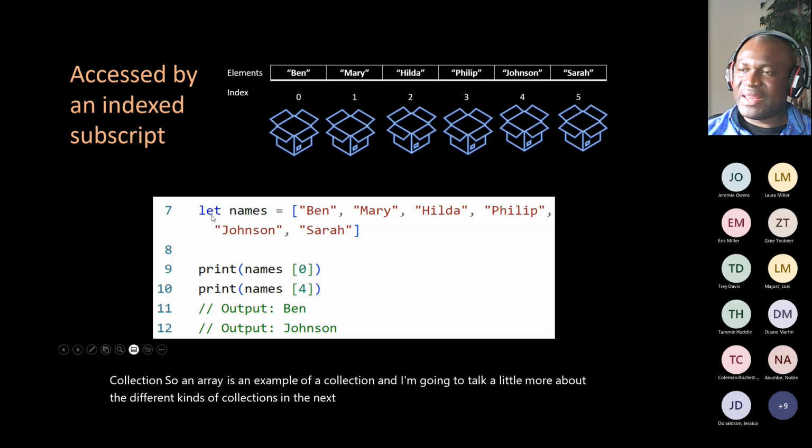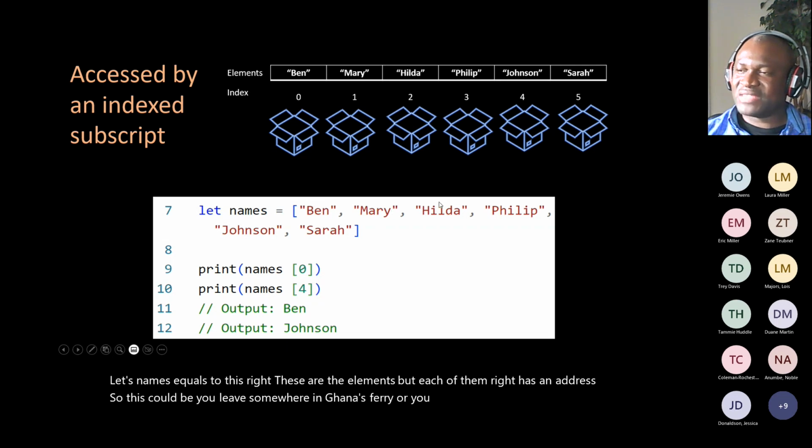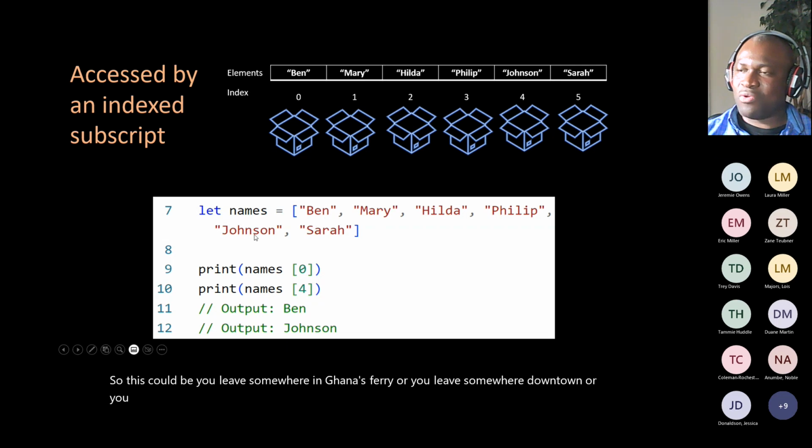So let names equals this. These are the elements, but each of them has an address. It could be you live somewhere in Ghana's Ferry, or downtown, or somewhere in Ermo, right? This is you, but you do have an address.